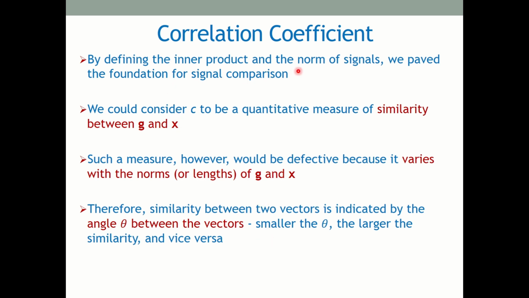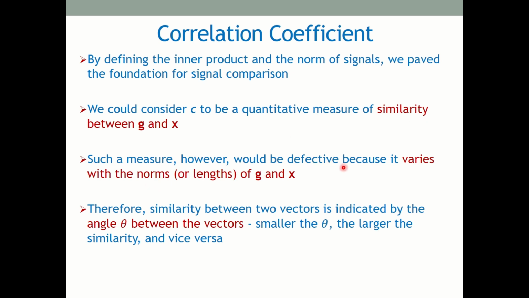So by defining the inner product and norm of signals, we paved the foundation for signal comparison. We could consider c to be a quantitative measure of similarity between g and x, right? So remember, our original issue was how to relate two signals with each other. So this relation is determined by the similarity of the two.